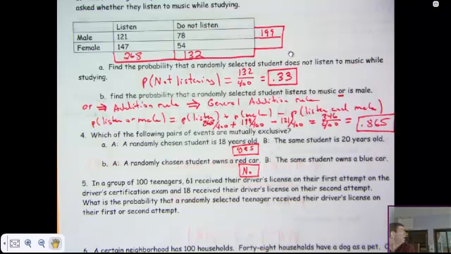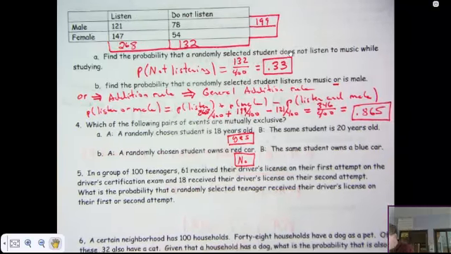Alright, on 5, let's get this one done. In a group of 100 teenagers, 61 received their driver's license on the first attempt on the driver's certification exam, and 18 received the driver's license on the second attempt. What is the probability that a randomly selected teenager received their driver's license on the first or second attempt?